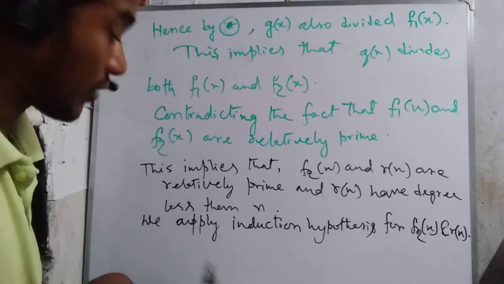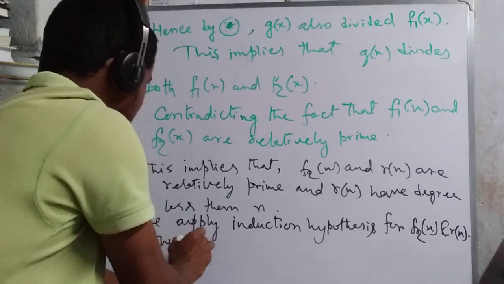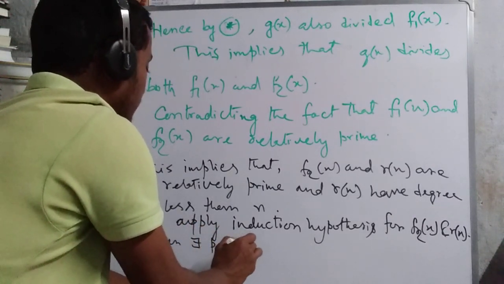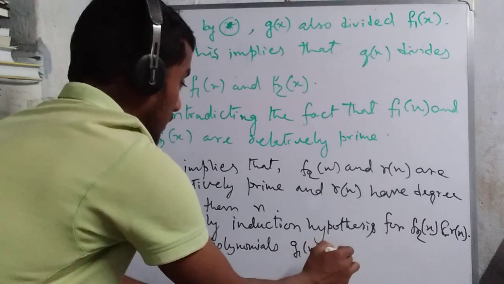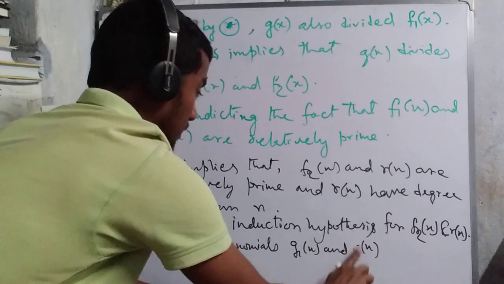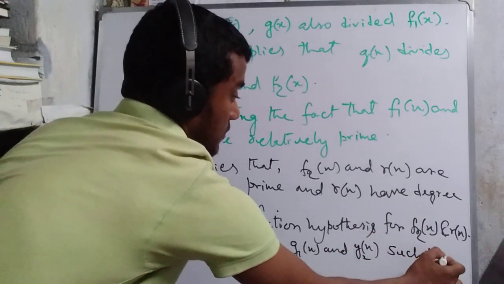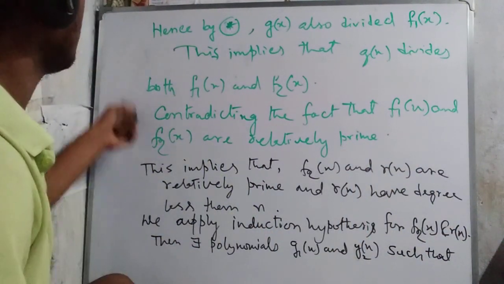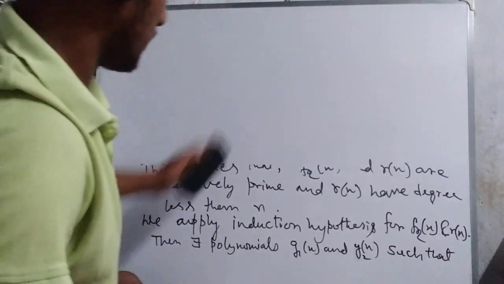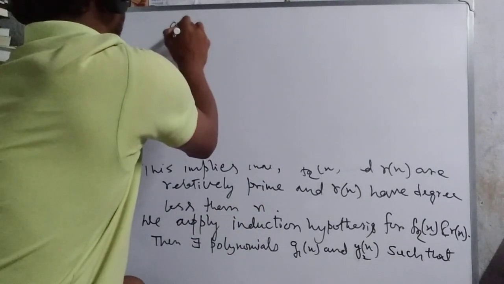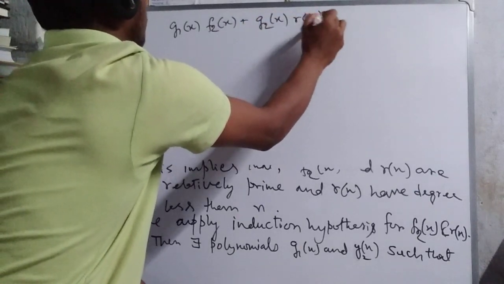Then obviously there exist polynomials g1(x) and g2(x) such that, we erase this portion and go to further discussion, g1(x) f2(x) plus g2(x) r(x) equals 1.